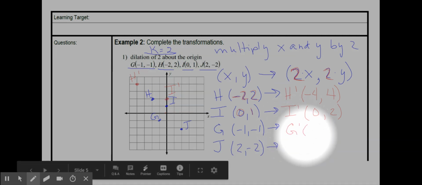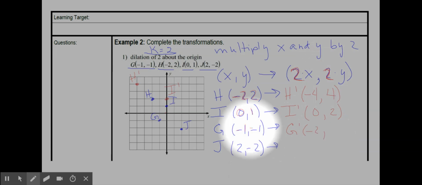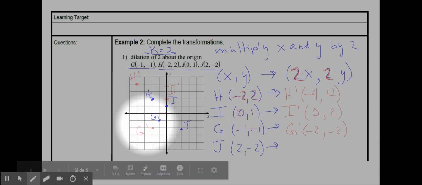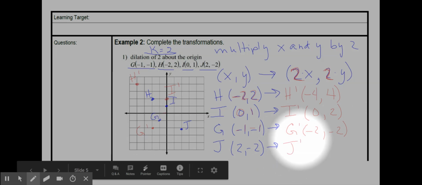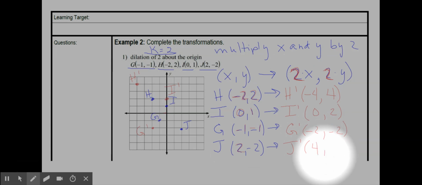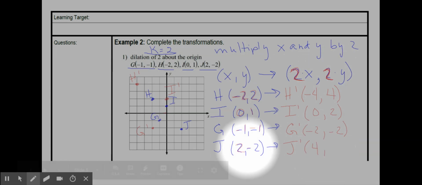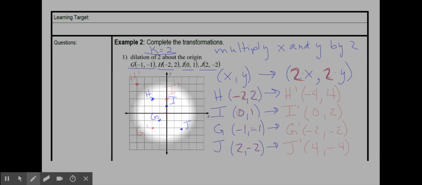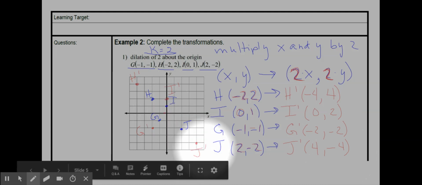G prime, so 2 times -1 is -2. And 2 times -1 is -2. So G prime, -2, -2. And J prime, 2 times 2 is 4. And 2 times -2 is -4. So on my coordinate plane, I'm going to count 1, 2, 3, 4 to the right, and 1, 2, 3, 4 down will be my J prime.